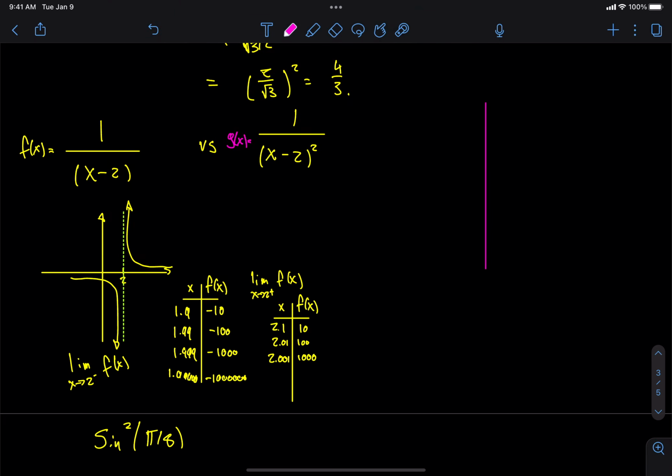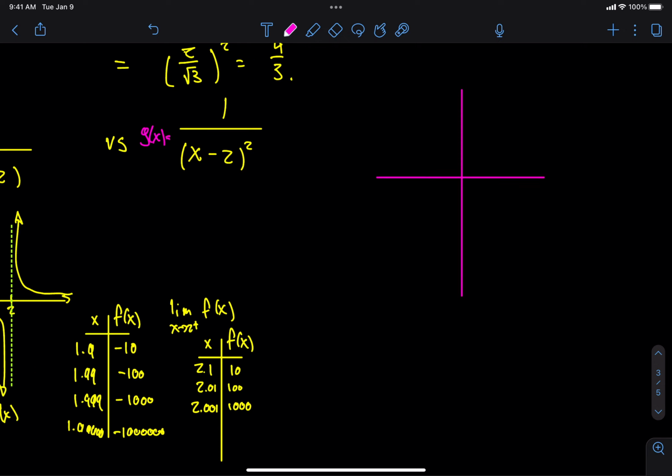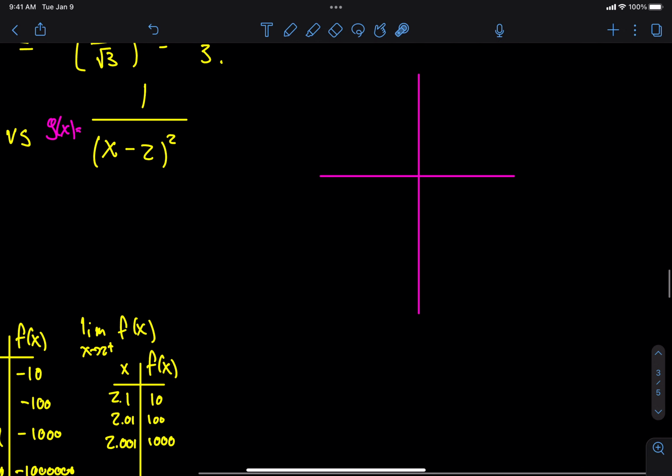So for g of x, 1 over x minus 2 squared. First of all, I know that it's going to have the same behavior on both sides. It's either up or down, because it's an even multiplicity 0. But second of all, I know it's going to have an asymptote at 2, because 2 minus 2 is 0. Now, what's happening when x gets very close to 2? When it's very close to 2 and less than 2, the denominator will be a negative number, but then you're going to square it, and it'll become positive.